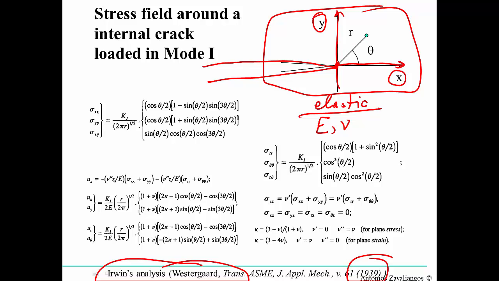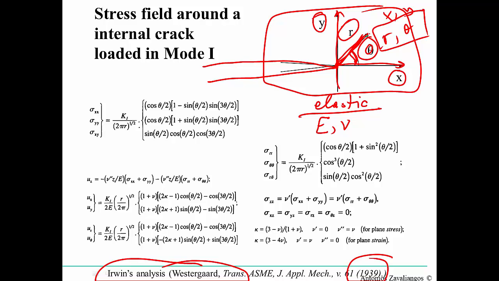In that case, I have the position of a point with respect to the origin defined on the basis of the radius and the angle of this distance. So instead of X and Y, I have r and theta, okay? And I will use these coordinates to show you the values of the stress in front of the crack tip.